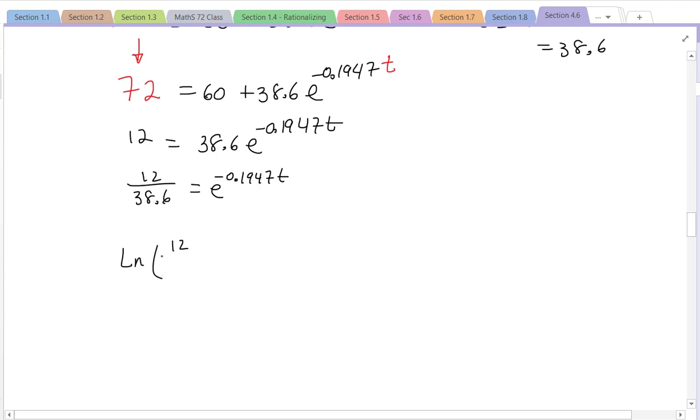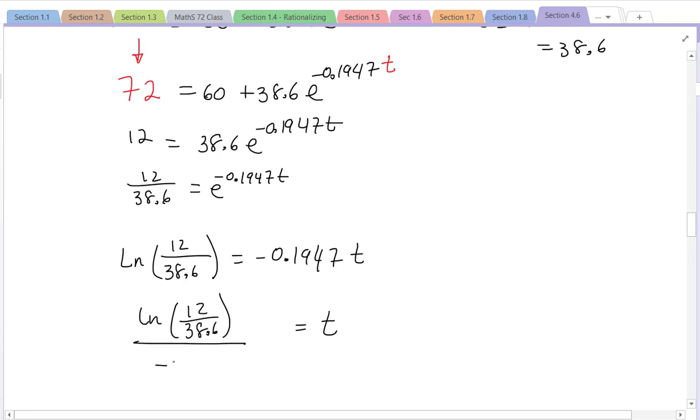So the natural log of 12 over 38.6 is equal to negative 0.1947 t. Again, t is time, so we should be getting a positive answer. So t is the natural log of this over negative 0.1947.